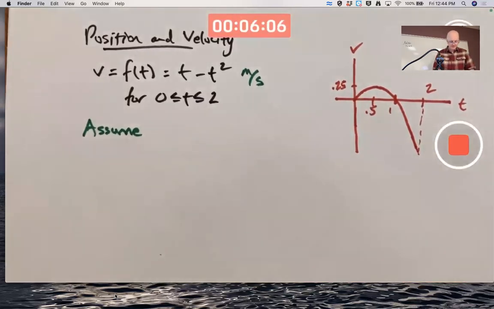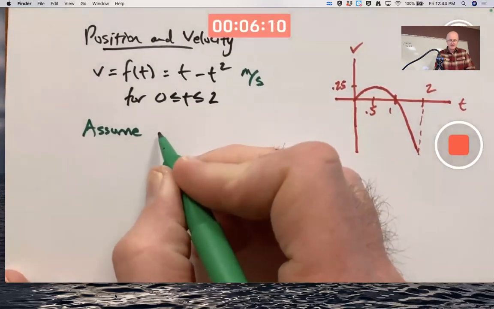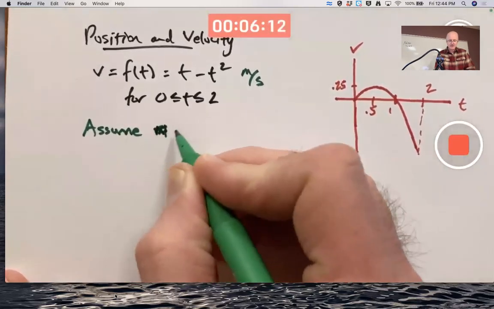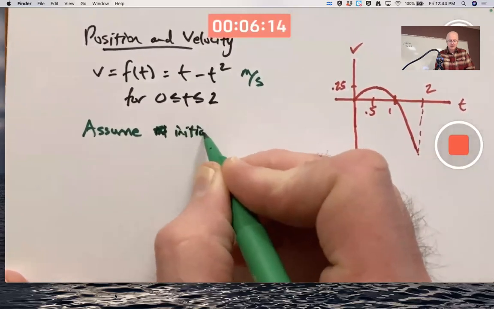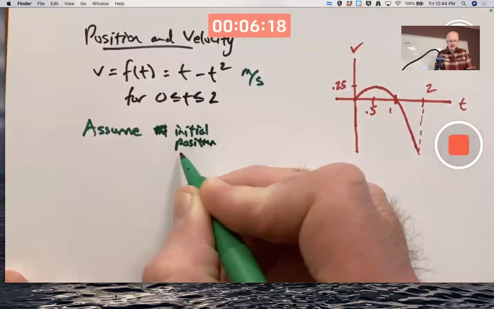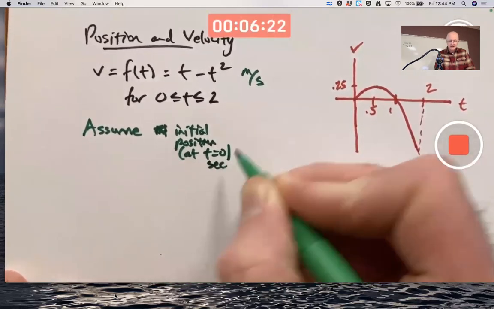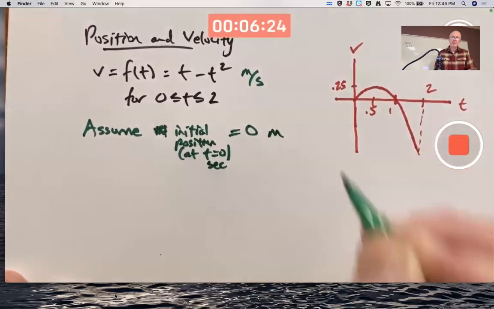I'm going to assume that my initial position at the starting time at t equals 0 seconds is 0 meters.